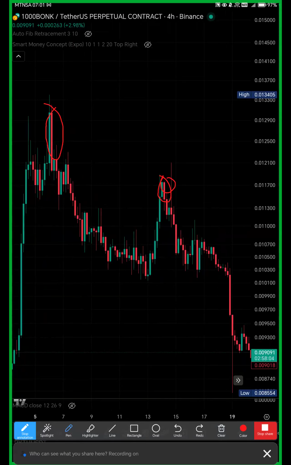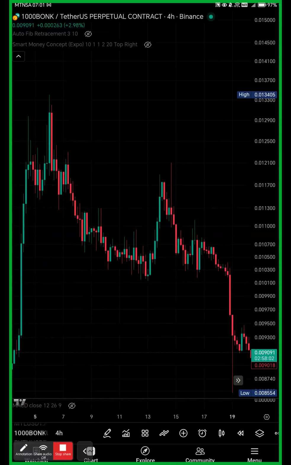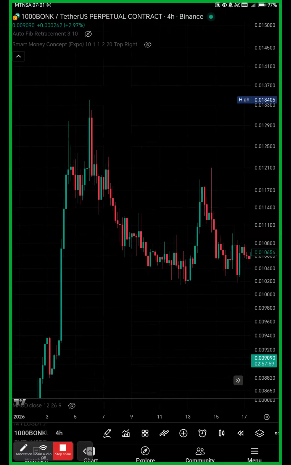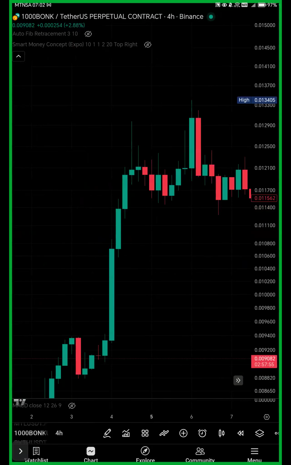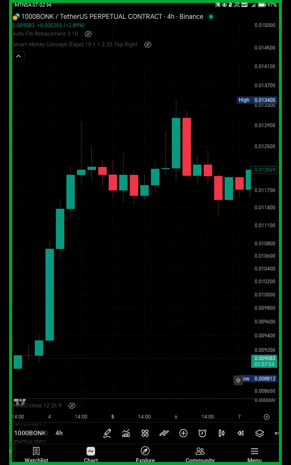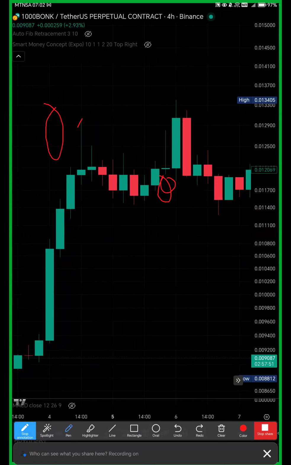I don't know if you are able to see that. But before that, I want you to see the significance of shadows when this started here. Can you see these long upper shadows? Before the market changed direction to go down, there was refusal.